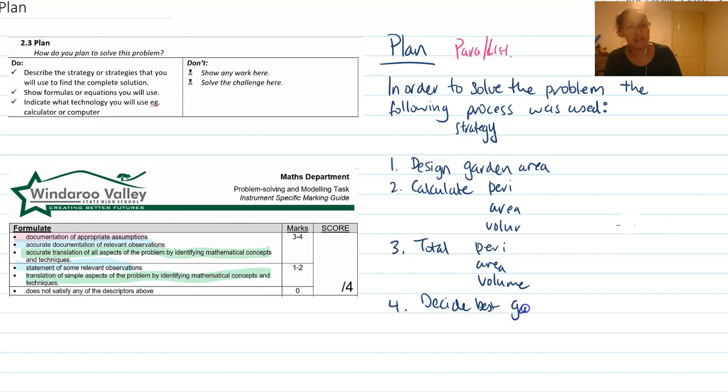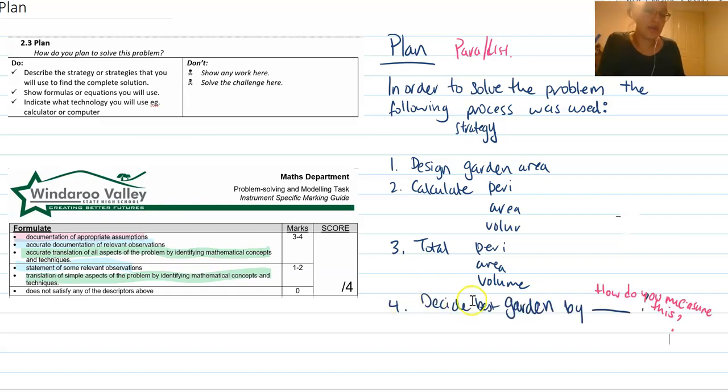That's something you need to come up with, and that's what will make an accurate translation of your aspects.